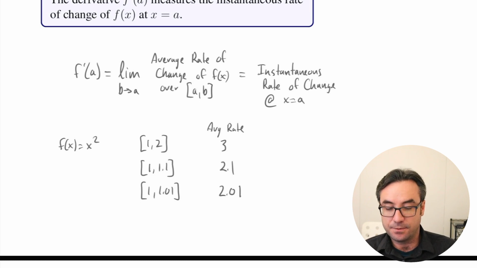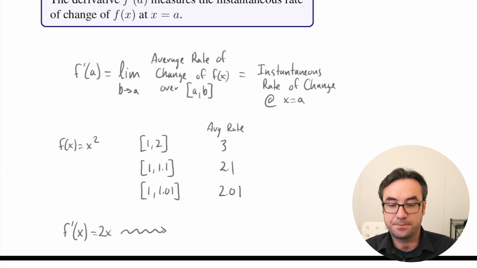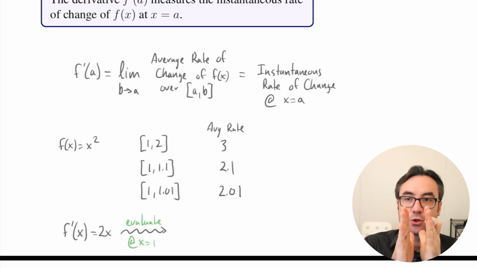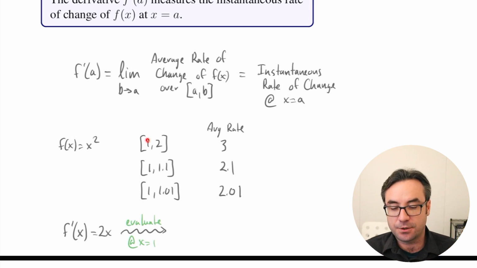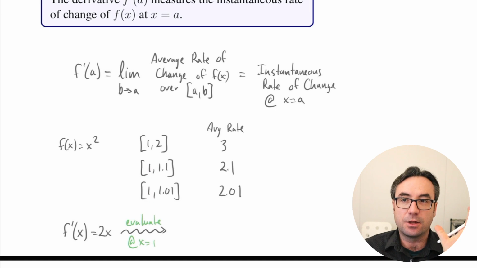And that number, if we calculate the derivative of x squared, 2x, and then we evaluate at x equals 1, because that's the endpoint of our interval that we're shrinking down towards. These intervals are all getting closer and closer to that one endpoint.